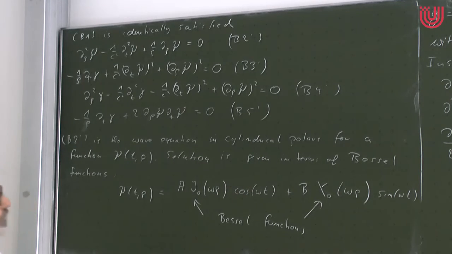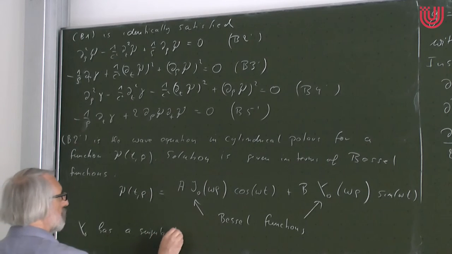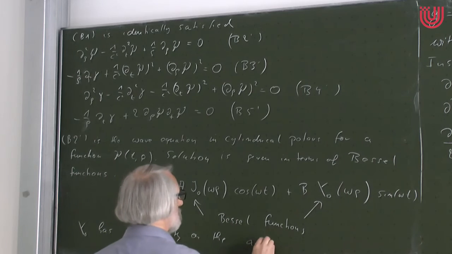And now the question is, do we want to have solutions where we have a singularity on the axis? Probably we do not want to have such solutions. That's the reason why we choose b equal to 0. So Y naught has a singularity on the axis. Axis means rho equals 0, right?